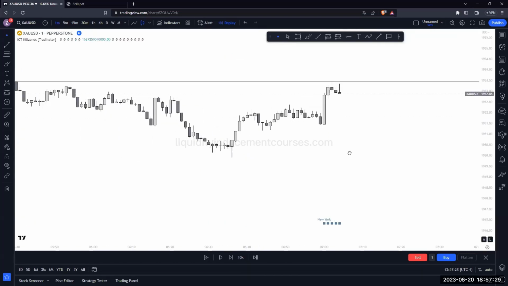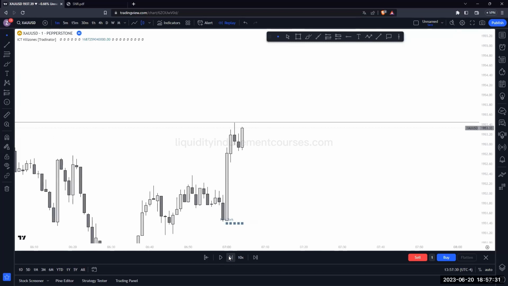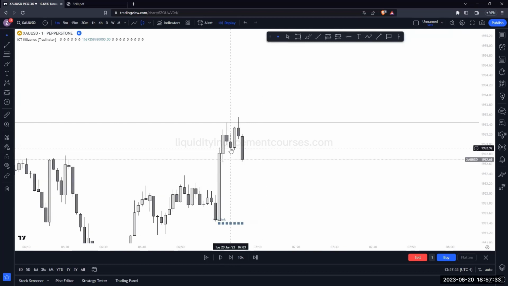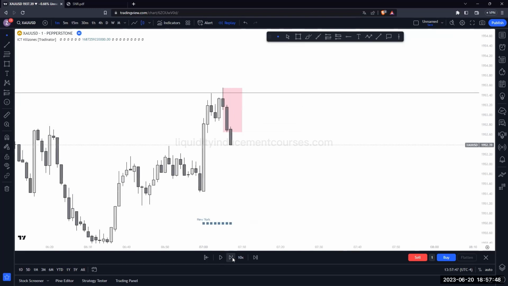Just look when the price does the breakout. Do you have the breakout? Yes. So you take the high that broke the low until the current low, so from here to here. I mean before price starts to pull back.